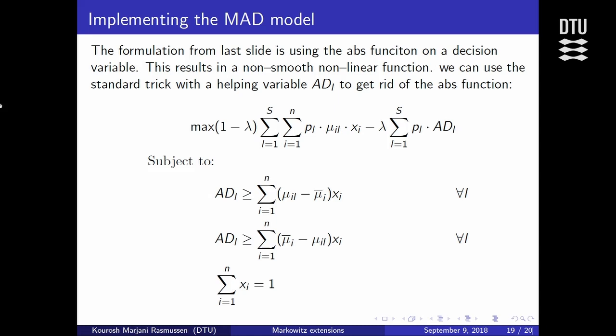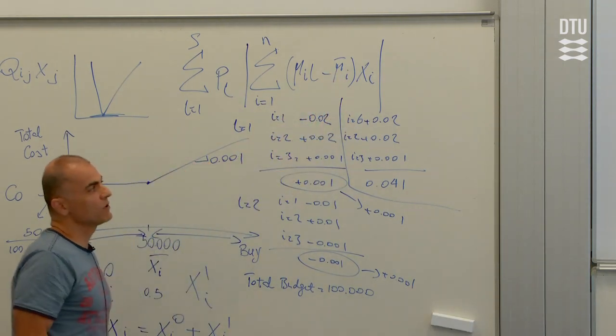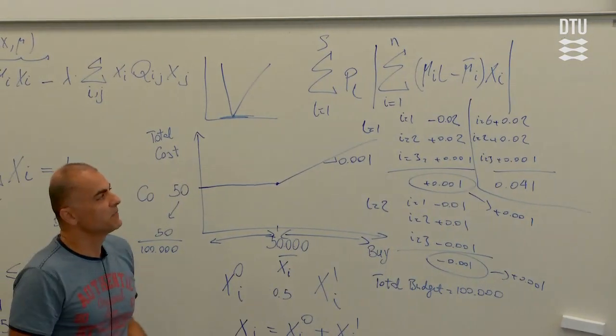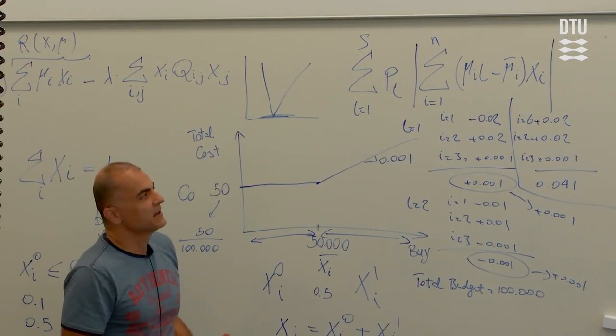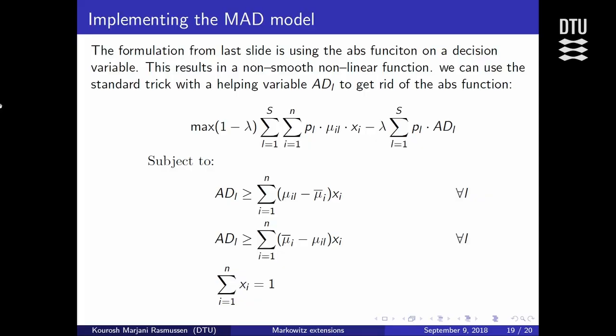Then you will see that you have AD_L once being greater than what is inside here, mu_IL minus mu_I, and once again greater than the shifted version, mu bar_I minus mu_IL. So one of those two terms would always be negative, and one would be positive with exactly the same numerical value.